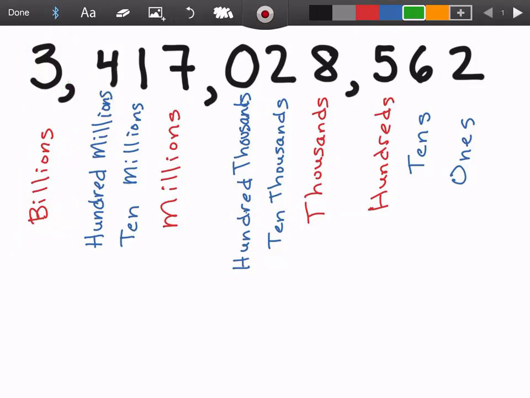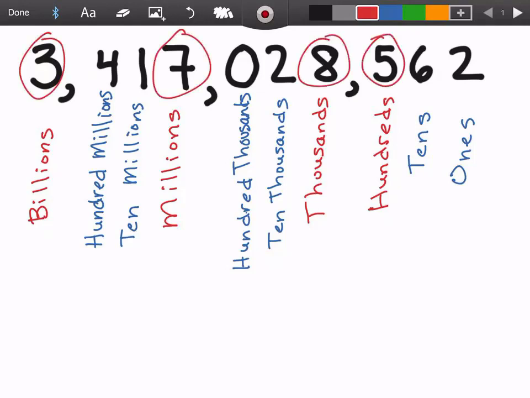Every place that I highlighted that has red words underneath it is a special place. What makes them special is that we're going to mention their place when we write out the number in word form. So if we look at the last 3 digits, 562, we would read this number as 562.